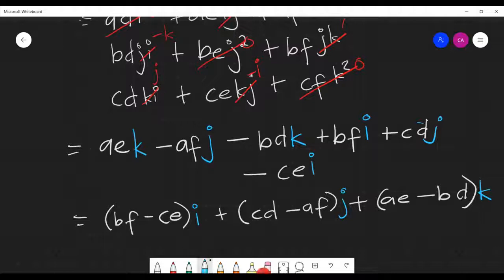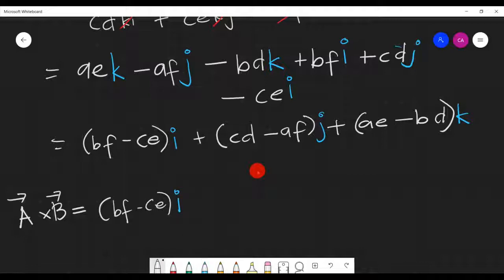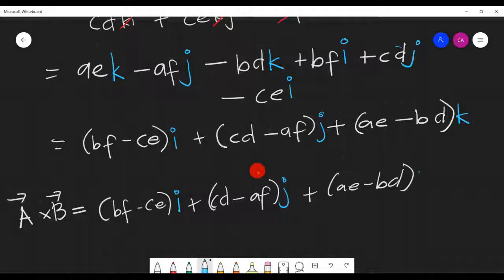Okay? So yung ating vector, ang sagot pala natin para sa A cross B in 3-dimensional is equal to BF minus CE towards the direction of i plus CD minus AF towards the direction of j plus AE minus BD towards the direction of k. So, yan siya.